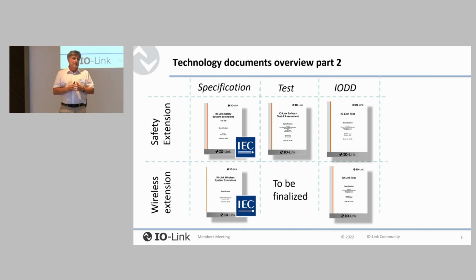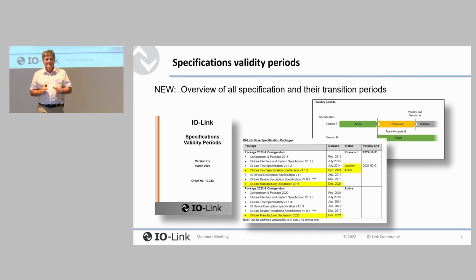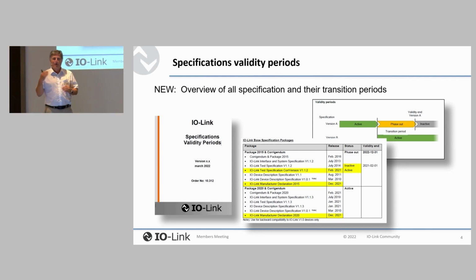So you see, we did a lot of work. We have a lot of papers, but people are wondering which versions are active or not active, and so as not to lose the overview, the community decided to set up a new paper. Don't be afraid of the word paper. It's more or less a list of all specifications and their status. Is the specification active? Is it in phase out? And if it's in phase out, what is the transition period to the next version?